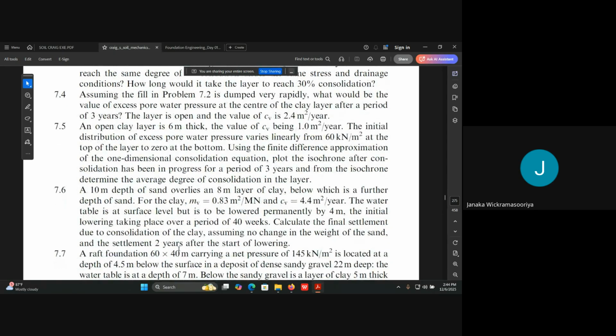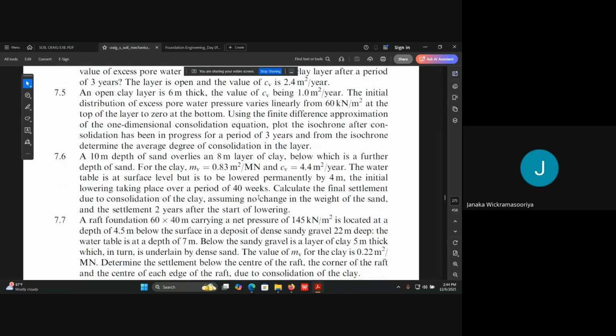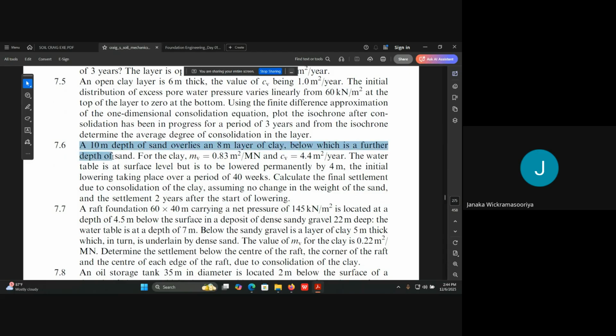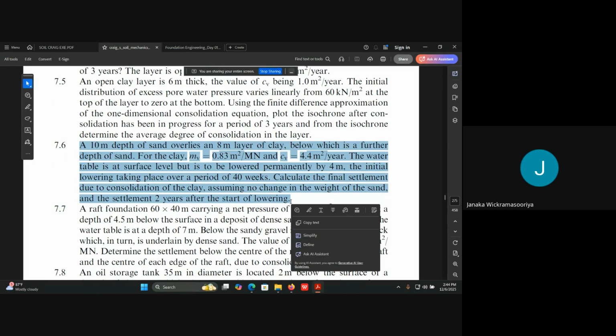So then let's move to this kind of a question, because this kind of questions will be there in the exam, right? Read the question and draw a figure.